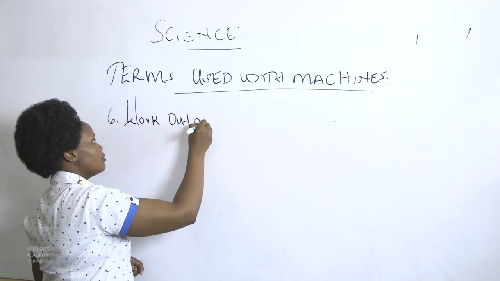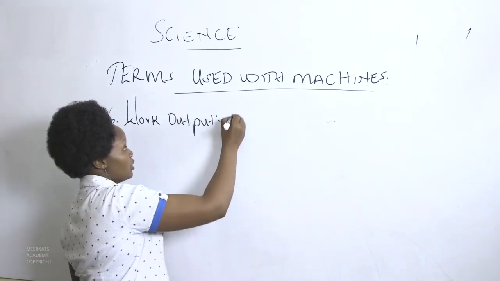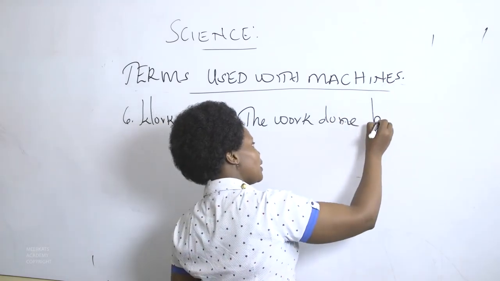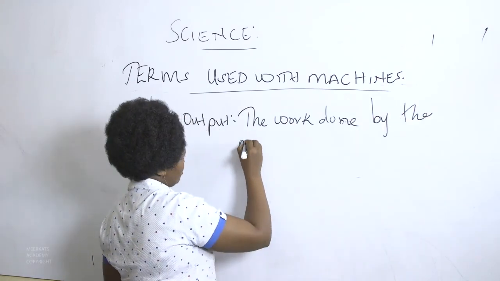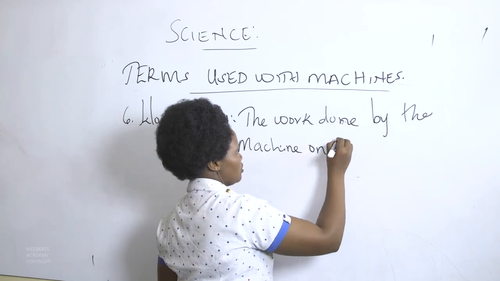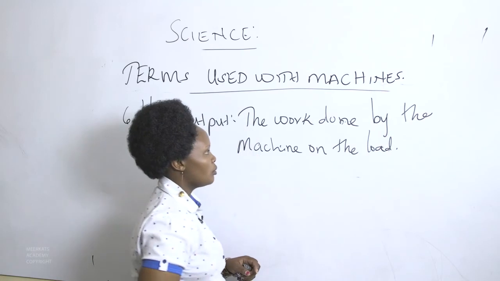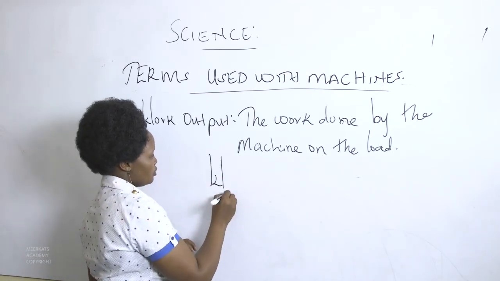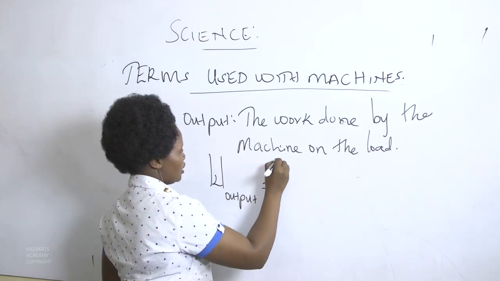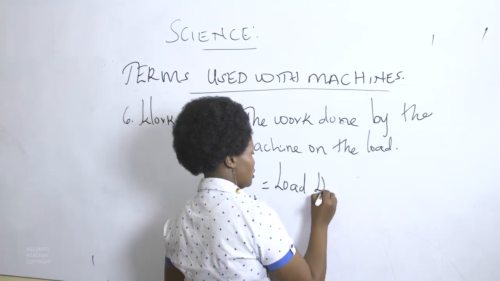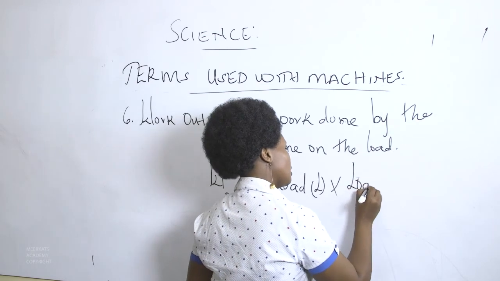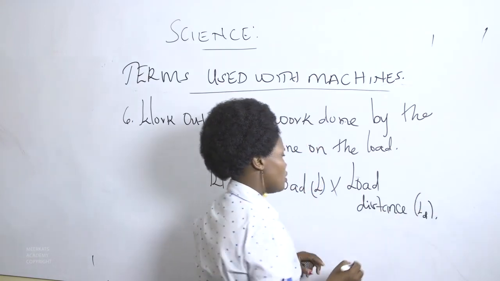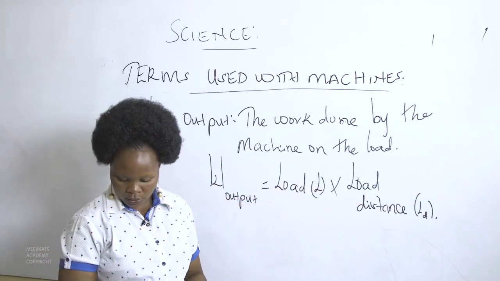Work output is actually the work done, this time by the machine on the load, and is going to be given by load multiplied by the load distance. Load you multiply by the load distance.